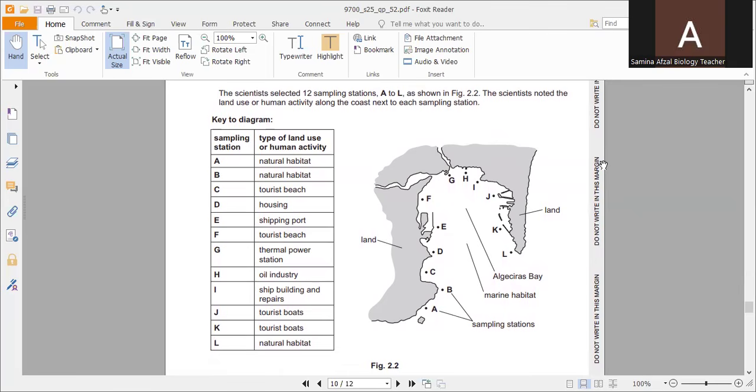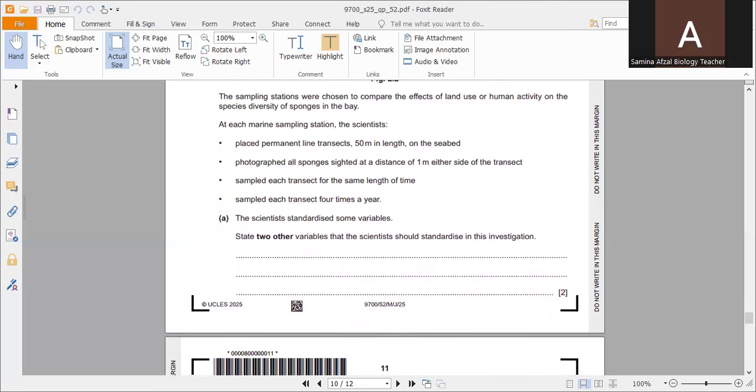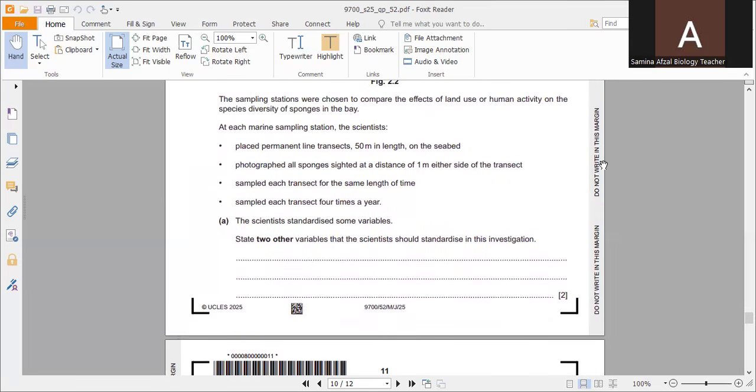So they were from A to L, and these were the different areas or the sampling stations from where they got the samples. So the sampling stations were chosen to compare the effect of land use or human activity on the species diversity of the sponges in the bay.